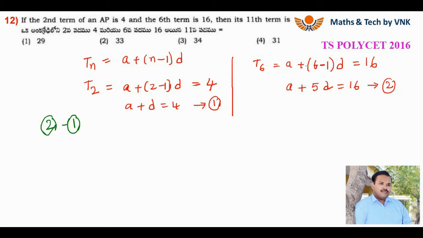So a plus 5d is equal to 16, a plus d is equal to 4. So we are subtracting equation 1 from 2. So a minus a gets cancelled. 5d minus d is 4d, and 16 minus 4 is 12. So d is equal to 3.